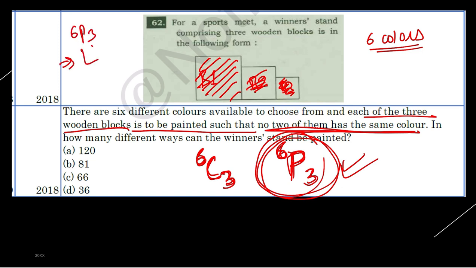To solve this, it will be 6 into 5 into 4. So you will get the answer 120, 120 ways of painting in this scenario, right? I hope this is clear. 6P3, why? Because the arrangement of the color also matters. Choosing the color is not only important, you have to paint the blocks as well, and their arrangement matters. So that is 6P3.